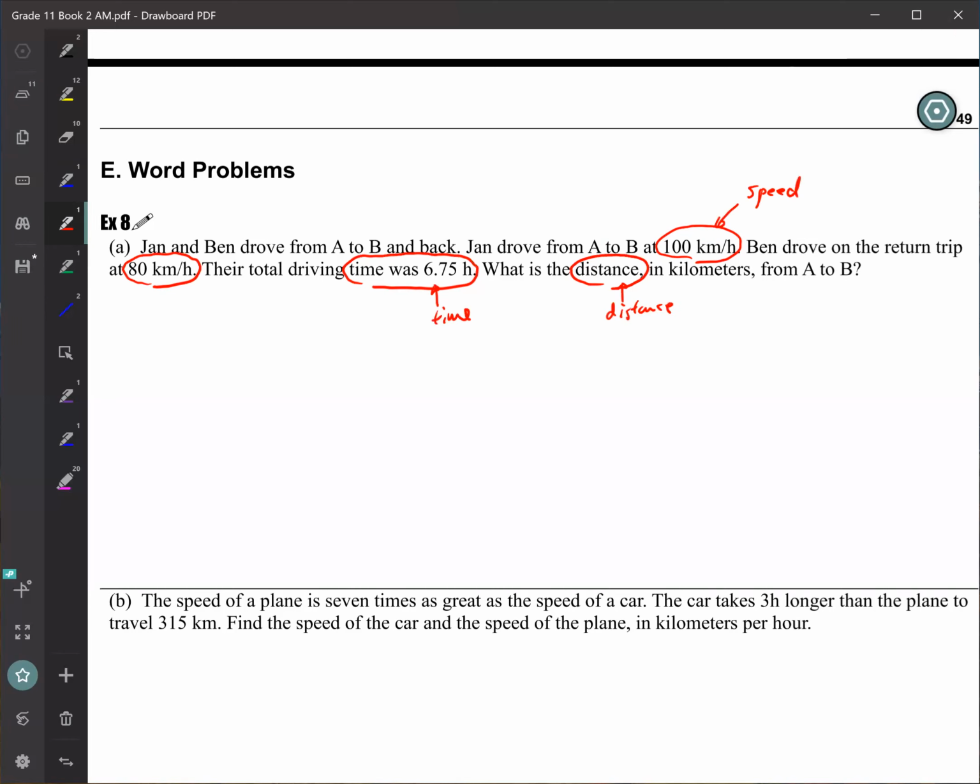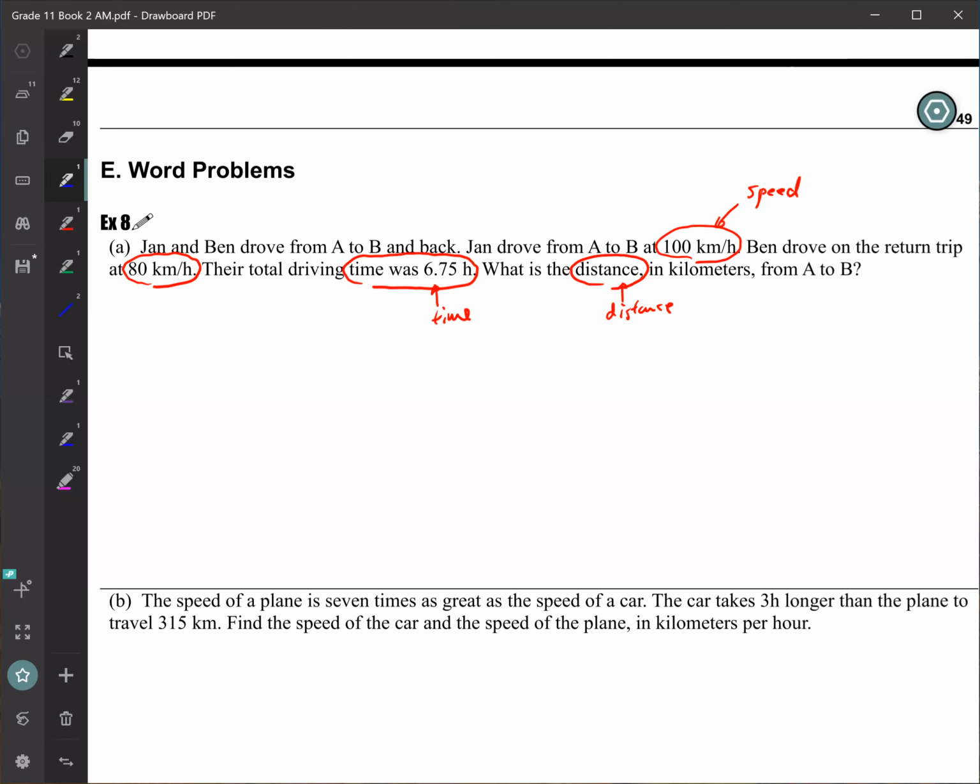It's like STD. And then how do we connect them all? What's the formula connecting speed, time, and distance? I forgot the formula. Okay, can anyone else add to that? How do we find speed? Is it distance divided by time?